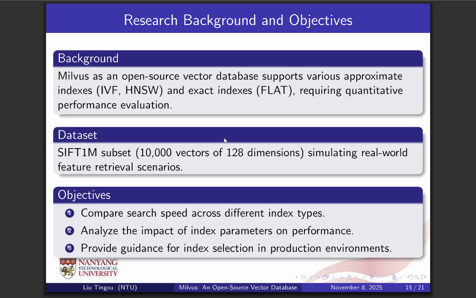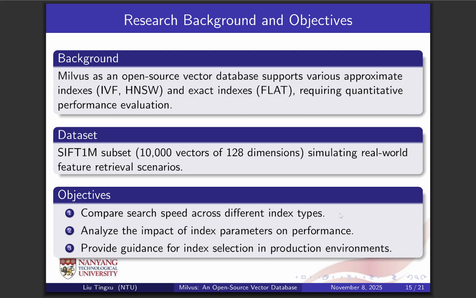Now let's talk about our research background. The dataset is a SIFT1M subset. It's about 10,000 vectors of 128 dimensions. Our objectives are comparing search speed across different index types.